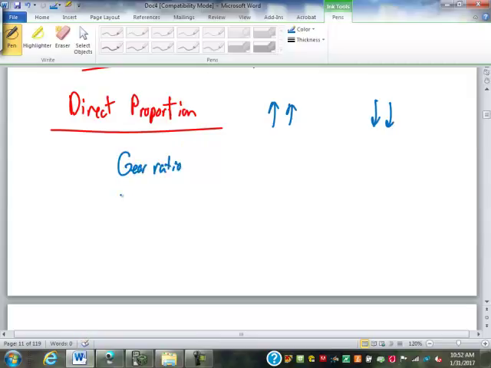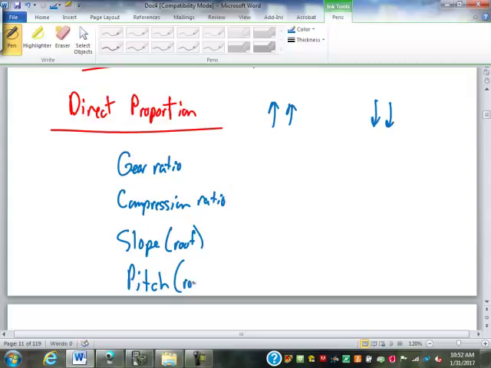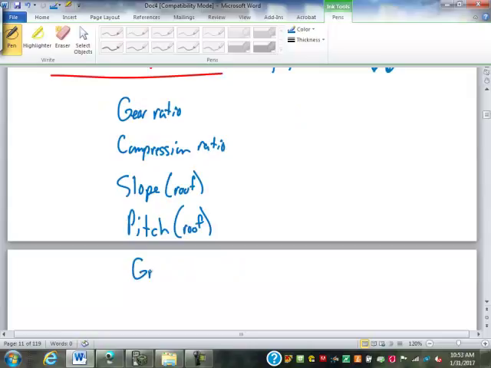Talked about pulley ratios. Talked about compression ratios. Talked about slope on a roof. Talked about pitch on a roof. Even talked a little bit about grade for ground level. All of these are direct relationships. One number gets bigger, the other number in that ratio has to get bigger as well.